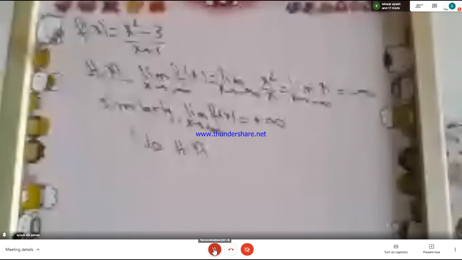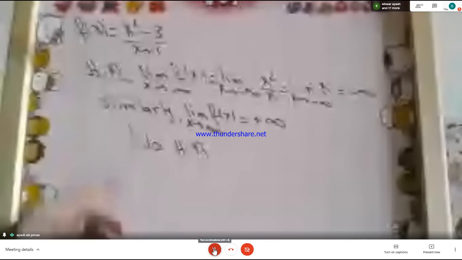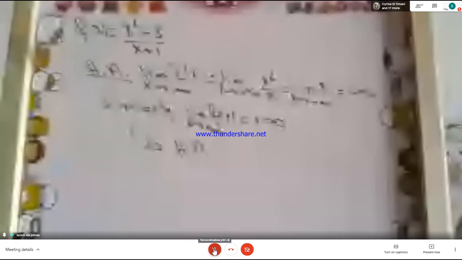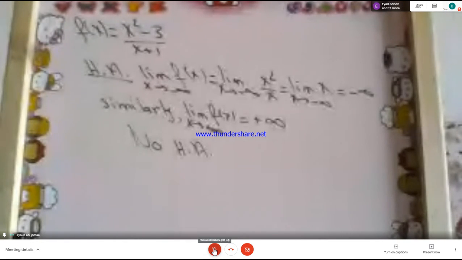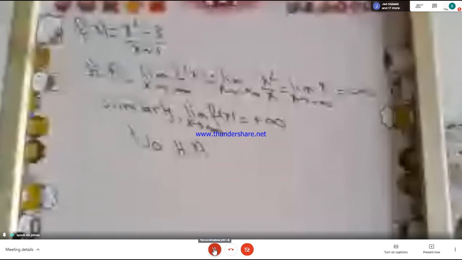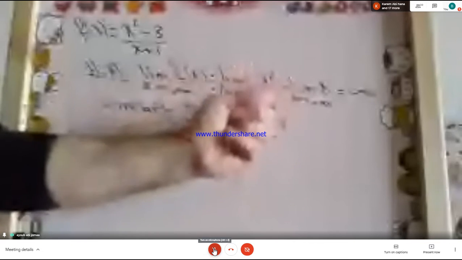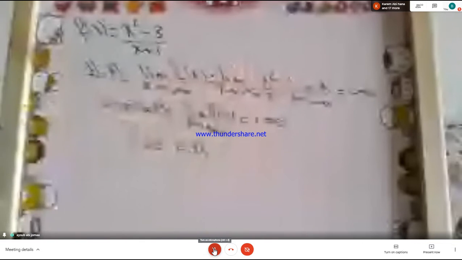In the parts that we solved, we have the same limit. Whether you put positive infinity or negative infinity, you'll get the same limit. For example, in part 1 you got 2, positive infinity and negative infinity is 2. For part 2 you get 3. In part 5 you got 1. Whether positive or negative infinity, you have the same limit. But here, because you still have x when you simplify, you still have the variable x.